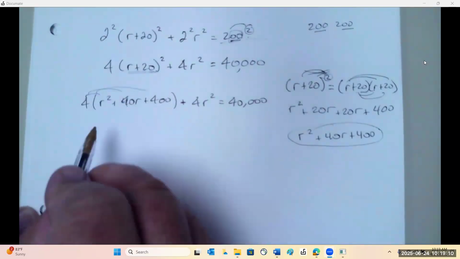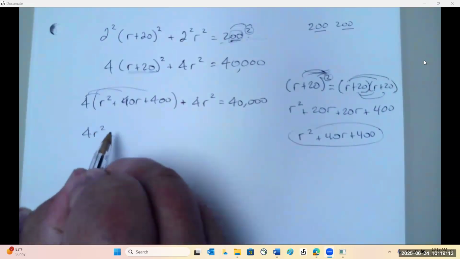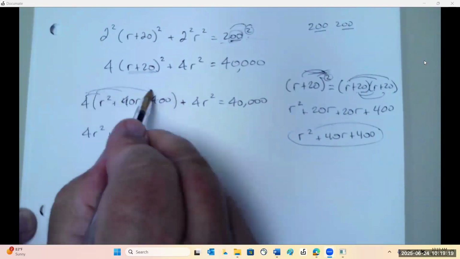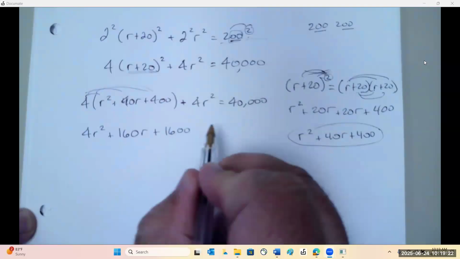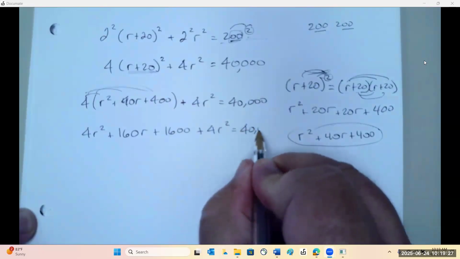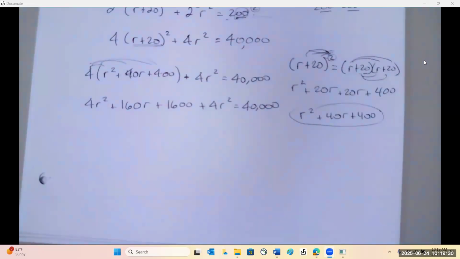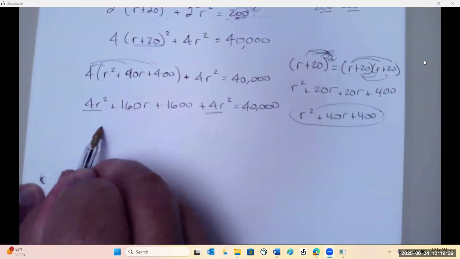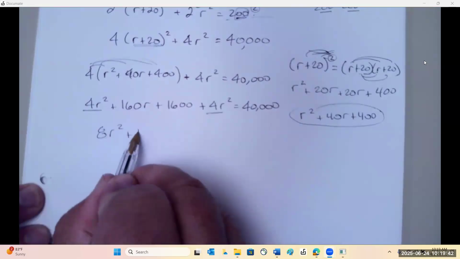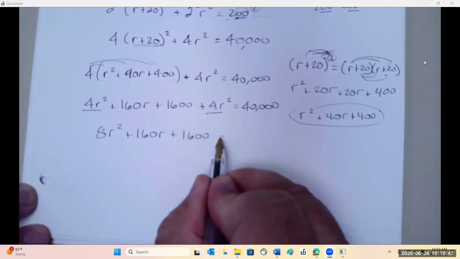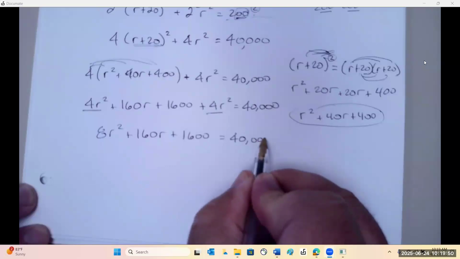Distribute: 4 times 4 is 16 with a 0 behind it, and 4 times 400 is 1600. Combine like terms: 4R squared plus 4R squared makes 8R squared, plus 160R plus 1600 equals 40,000.